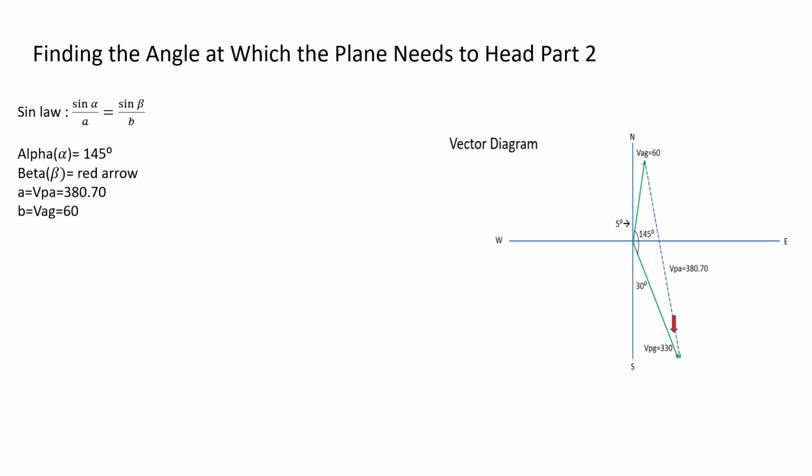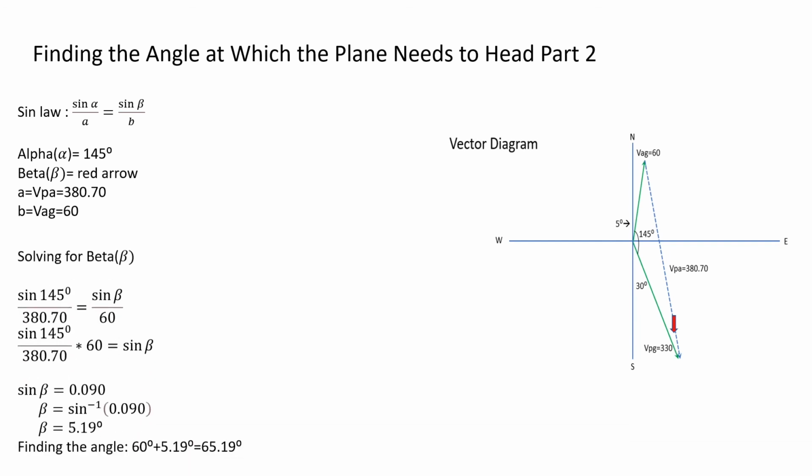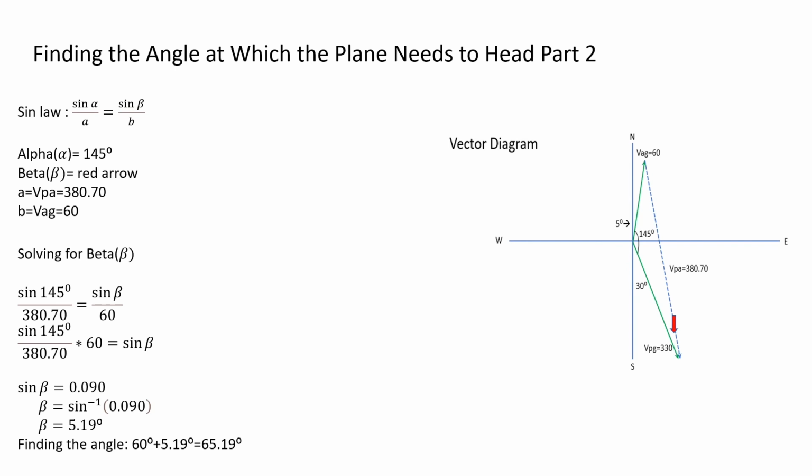Using sine law again, it would be sine 145 degrees divided by 380.70 equals sine beta over 60, which equals 5.19 degrees. Adding the outside angle of VPG, 60 degrees, gives us 65.19 degrees again. Therefore, the pilot needs to direct the plane to fly east 65.19 degrees south.